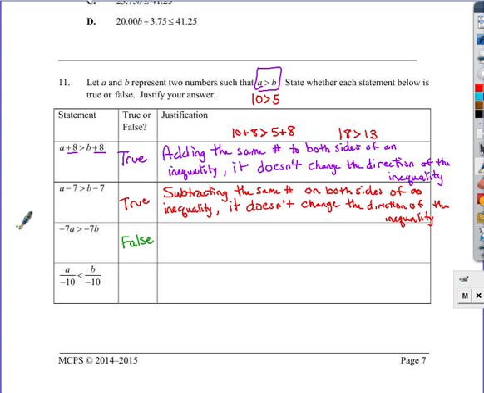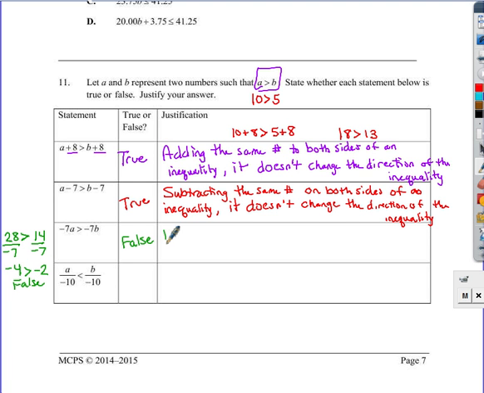So if I have 28 is greater than 14, and I divide by negative 7, I'm saying that negative 4 is greater than negative 2, and that's not a true statement. Negative 4 is smaller than negative 2.